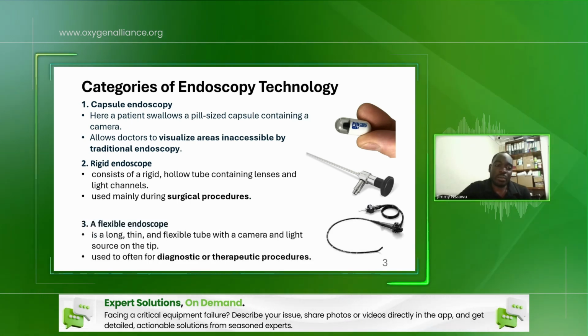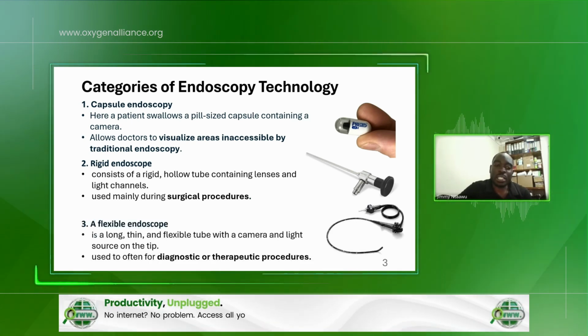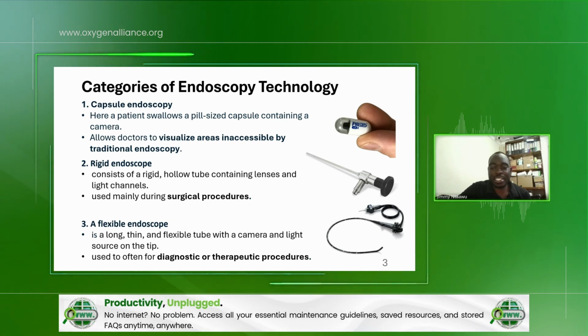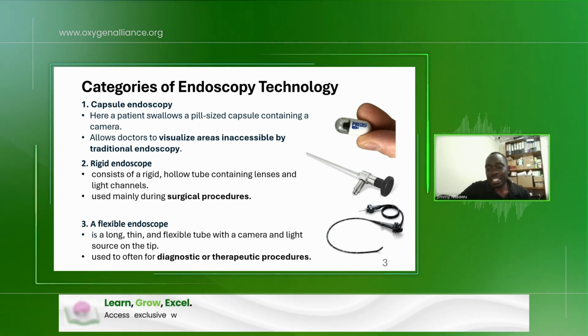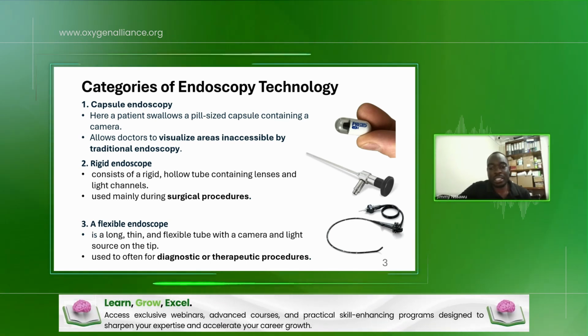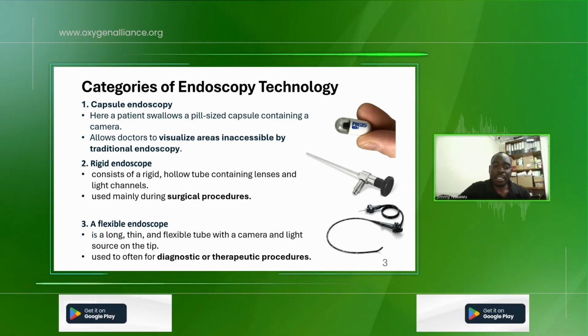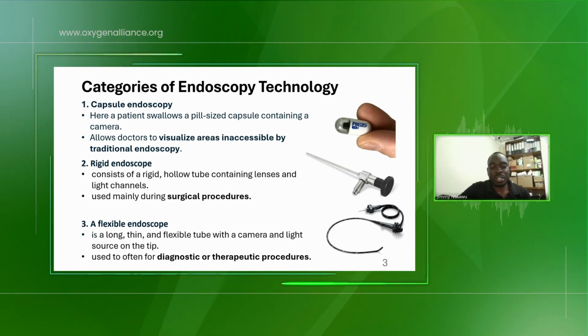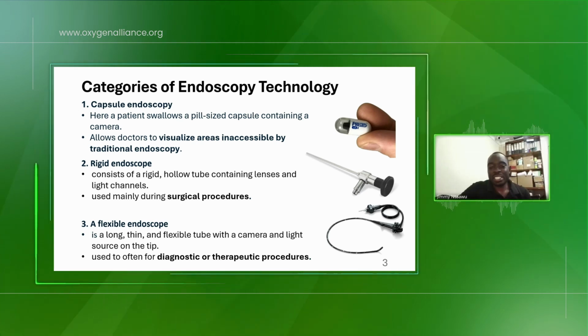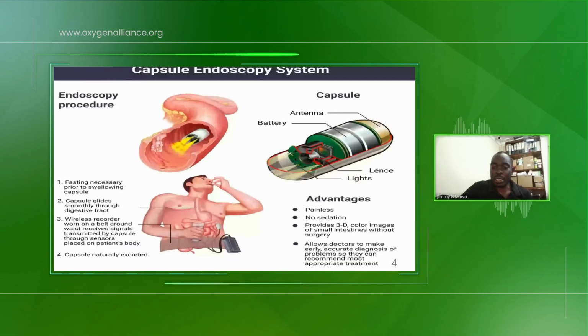Then we have what we call flexible endoscopy. These are the long ones. Just like the name, they are flexible, and they have a camera. They have a light source, usually at the tip, and this is what we use to visualize. We use them for diagnostic and therapeutic procedures mostly.